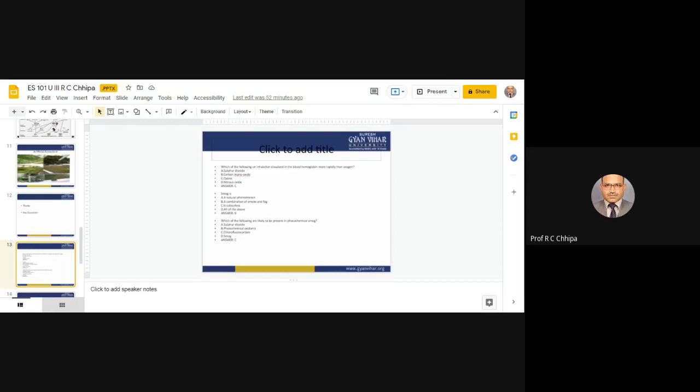Then one more thing is the smog. This is also part of the environment. What about the smog? How is this smog formed? Smoke and fog. So these are multiple choice questions.